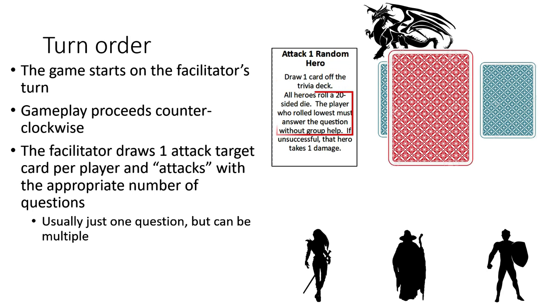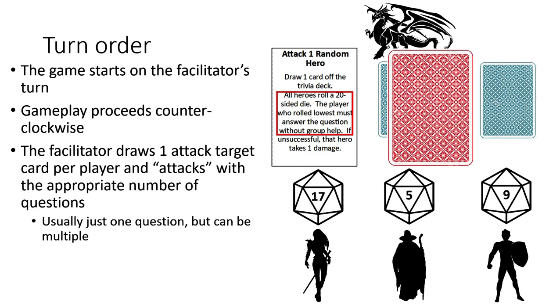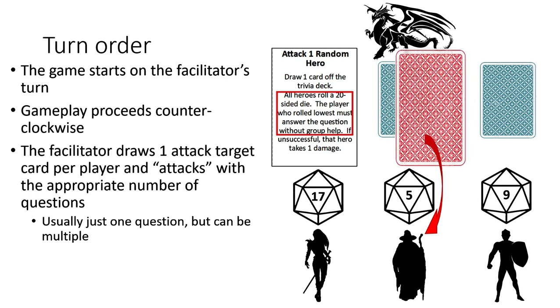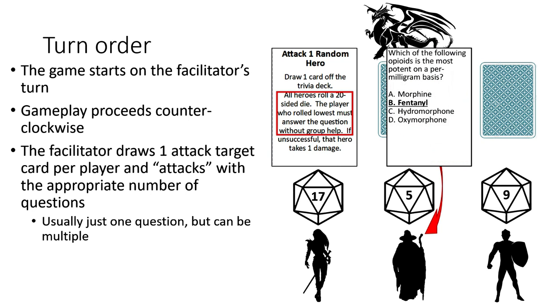To determine that player, all the players roll a 20-sided die, and this attacks the target who rolled the lowest. In this case, you have the middle one, the wizard, Tim. Even though that's not the attack target card in front of him, he is the target of this attack because he rolled the lowest. In this case, this question comes up talking about opioids potency.